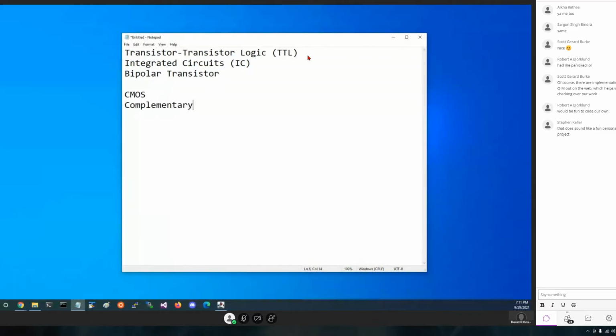Complementary, that might be an I in there. I think probably is. Complementary metal oxide semiconductor. And its type of transistors are a form of FETs, which are field effect transistors. But specifically, they're mostly MOSFETs today, which are metal oxide semiconductor.